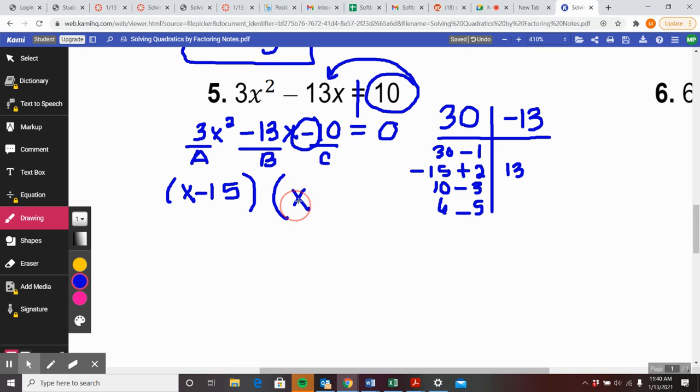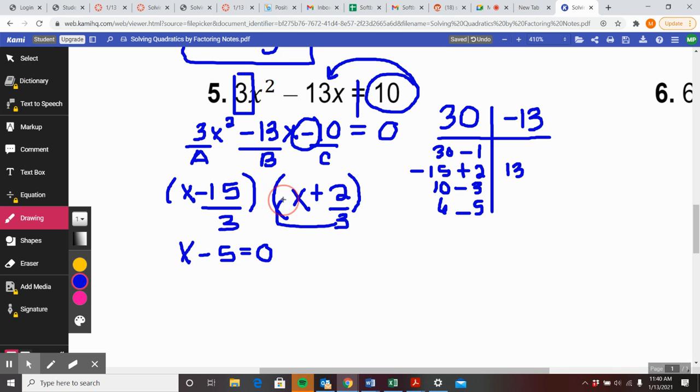All right. So now I've got x minus 15 and x plus 2. Do I have to do the kickback? Is that greater than 1? Yes, it is. So that's when I do the kickback. Divide by 3, divide by 3. 15 divided by 3 gives you 5. Yeah, I'm going to set that equal to 0. And then what happens to this? It just kicks.